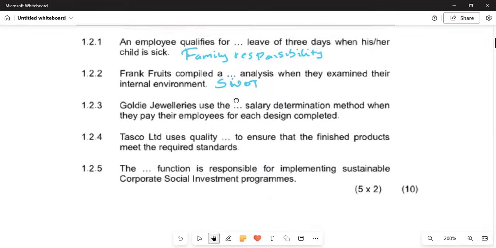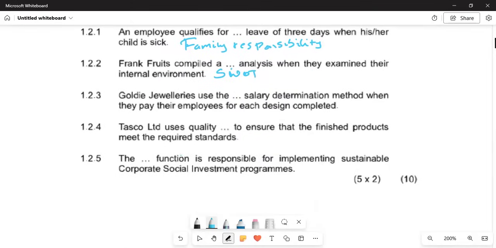So now we're moving on to another question, where we are told that the Gold Jewelers use their salary determination method when they pay their employees for each design completed. That is very important. So they are going to use what you call piecemeal, because piecemeal workers are paid for each unit of work or item produced.